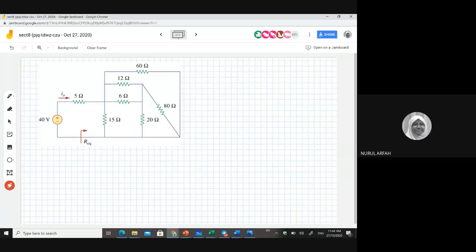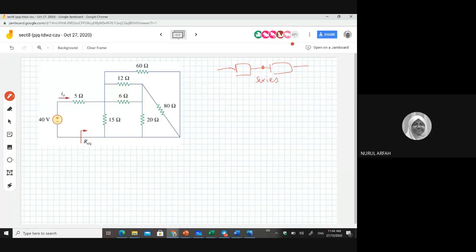Series or parallel? Series. Okay, if you say this one and this one are in series, what is a series? Series should have one element connected side by side, right? Side by side. This is series.